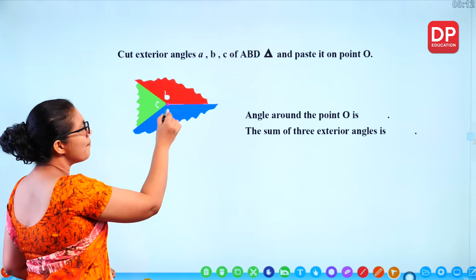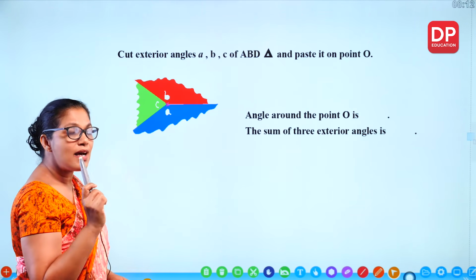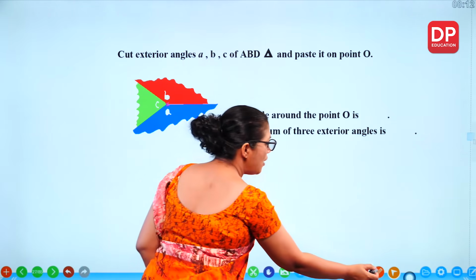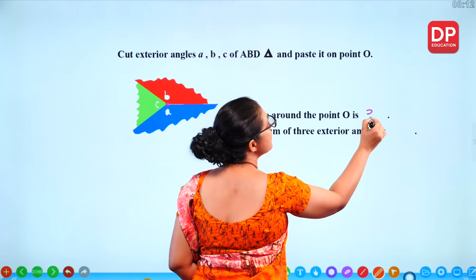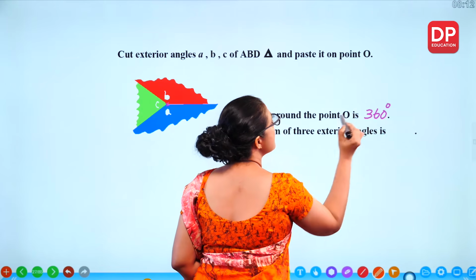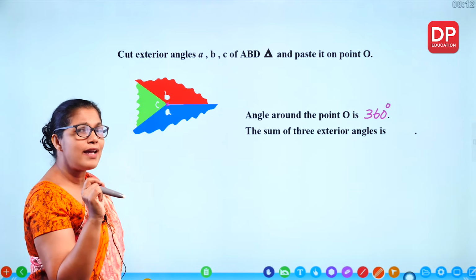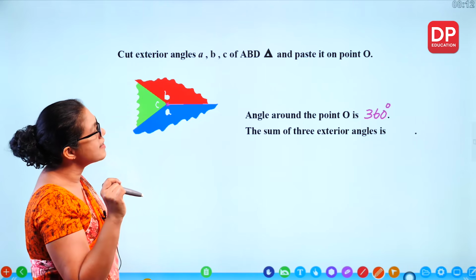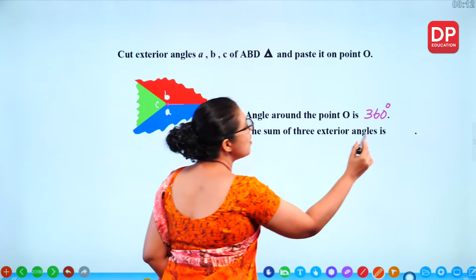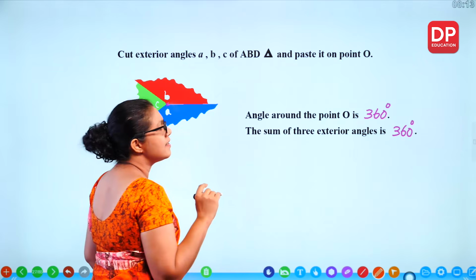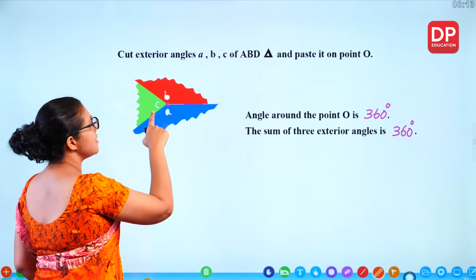So what's the sum? Angle around a point. So angle around a point, we know that's 360. So what's the sum of exterior angles in a triangle? The sum of 3 exterior angles is also 360 degrees. So you can do this activity.